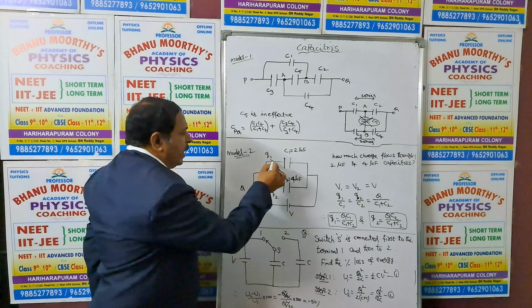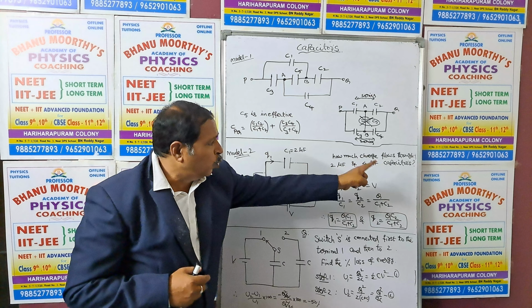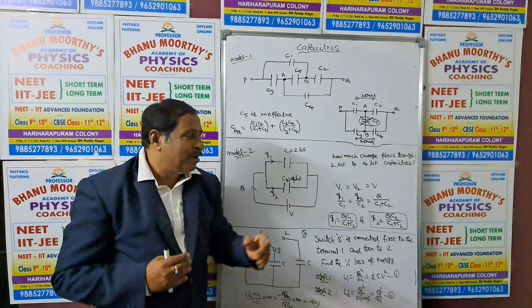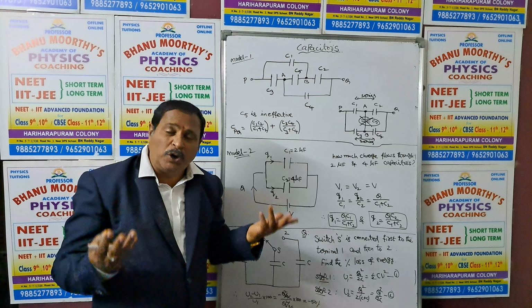In the parallel combination, battery voltage is V, and total charge flowing in the circuit is Q. The question is, how much charge is flowing through the 2 microfarad capacitor and the 4 microfarad capacitor? We have to find the individual charges passing through this one and this one. They may ask either Q1 or Q2.